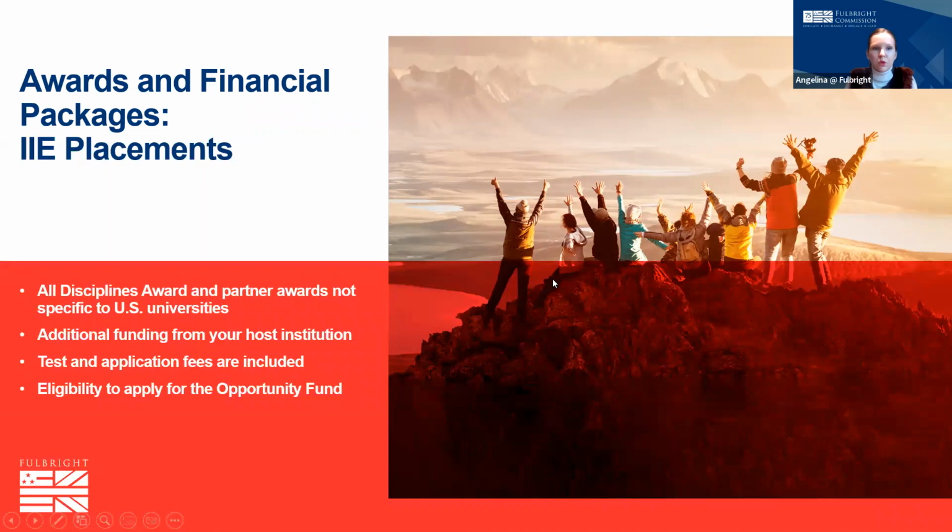With the IE placements option, most of our awards can be secured on this particular track, except for the partner awards offered in partnership with US universities. In addition to your Fulbright award, let's say 45K if you're applying for the All Disciplines Award, your placement advisor will attempt to secure additional funding from your host institution.